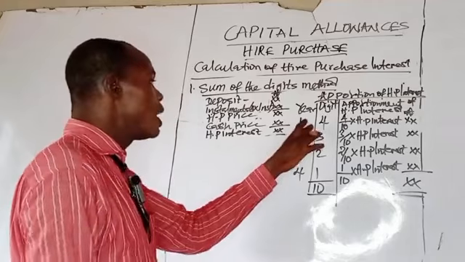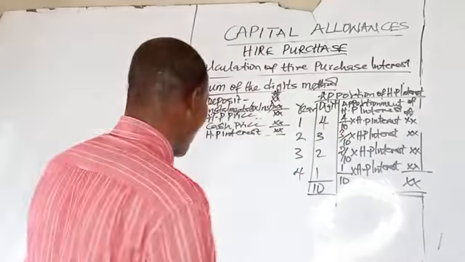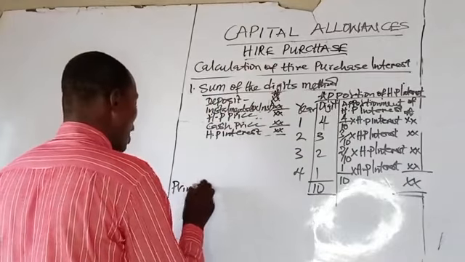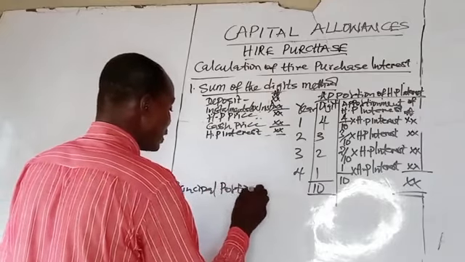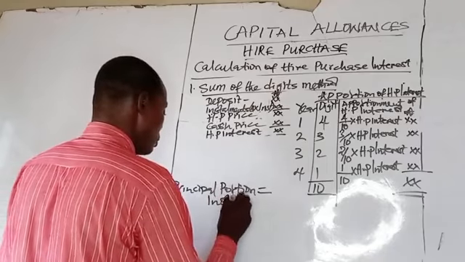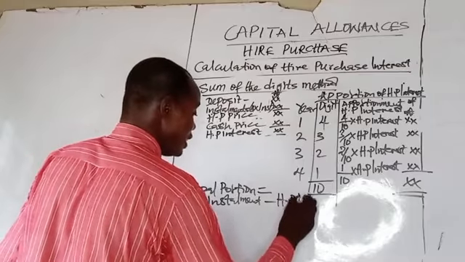Then you now calculate the principal element of each of the installments. I've given you the model earlier. I said the principal portion or principal element equals the installment minus the HP interest.